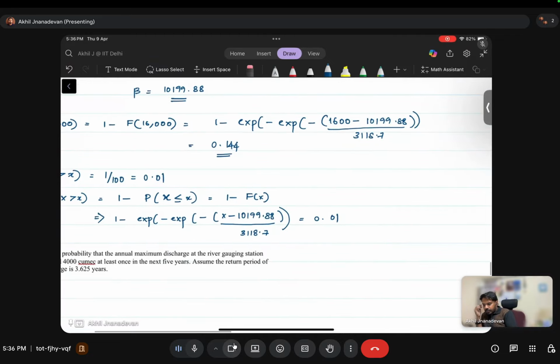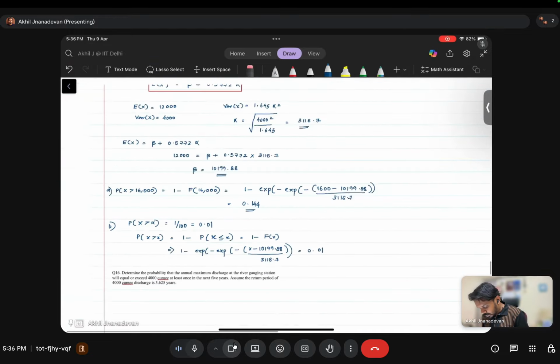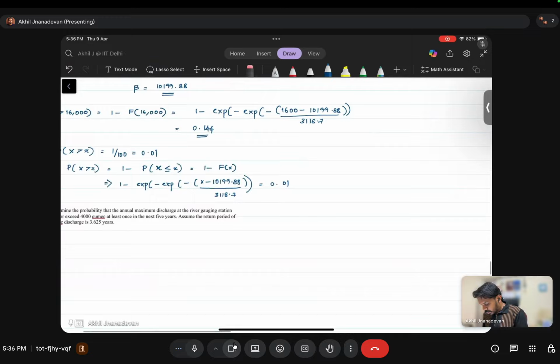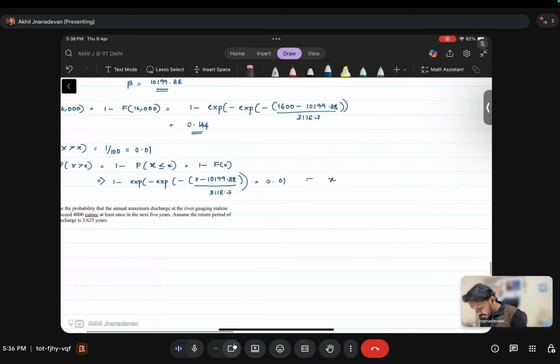From this we can solve for x, using a calculator, and finally x comes out to be 24,546 meter cube per second.